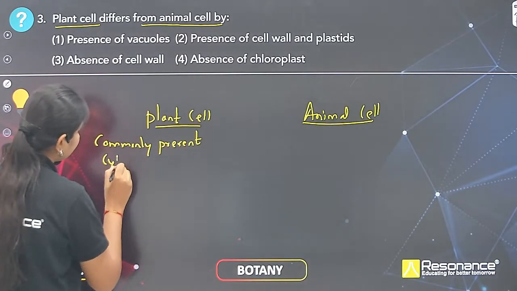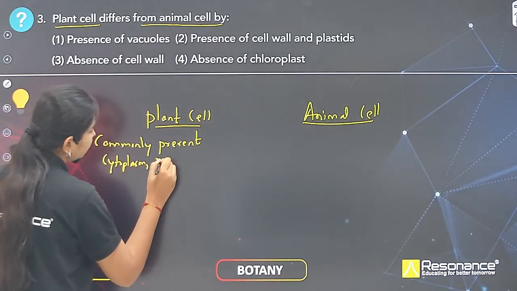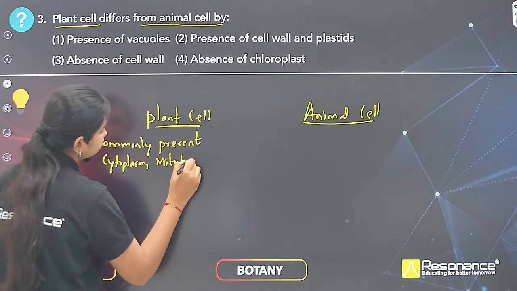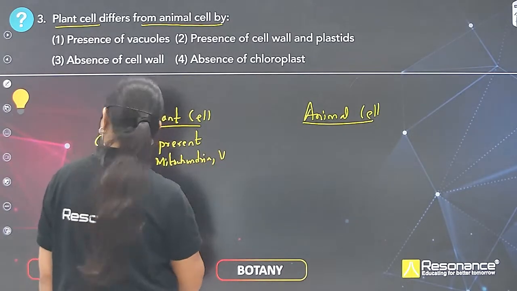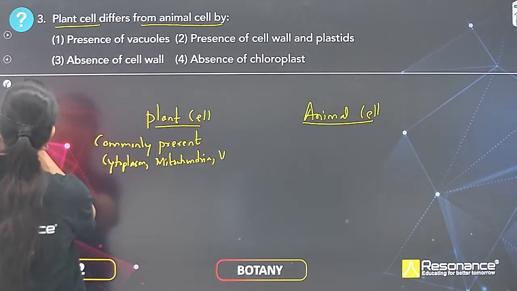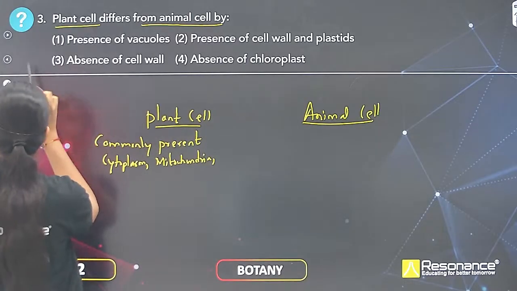Commonly present, you can say the cytoplasm, the mitochondria, and the vacuole, but in the plant cell it is a little bigger vacuole.